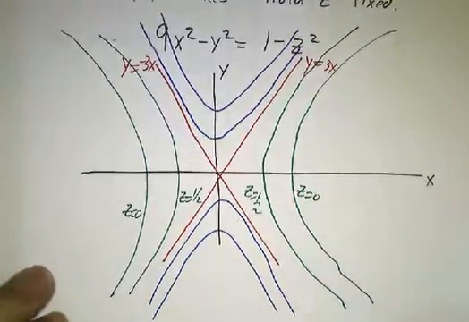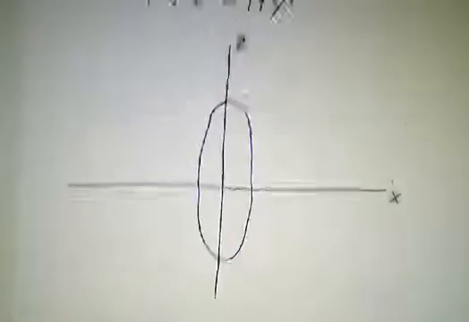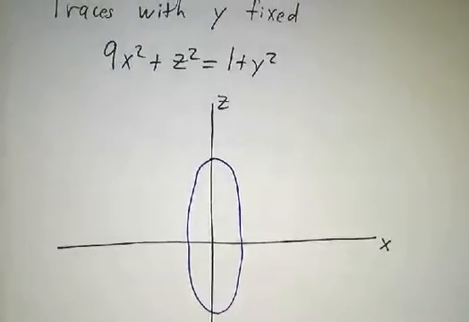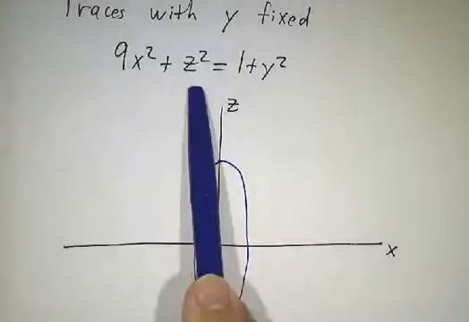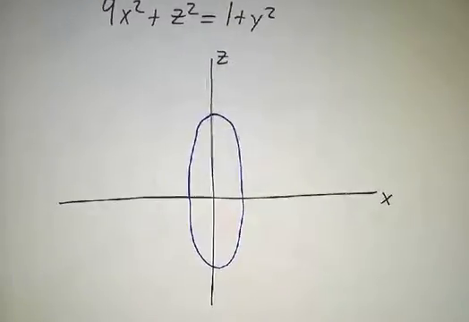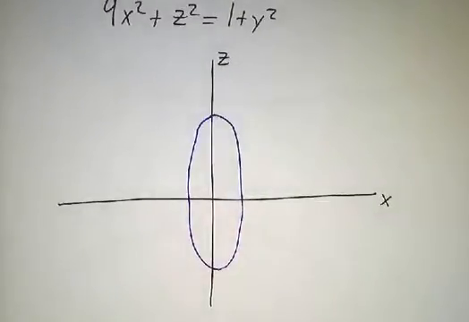Now you get even more insight if you look at the traces where you hold y fixed. If you put y on the other side of the equation, you get 9x squared plus z squared is 1 plus y squared. If you set y equal to 0, that would give you an ellipse.